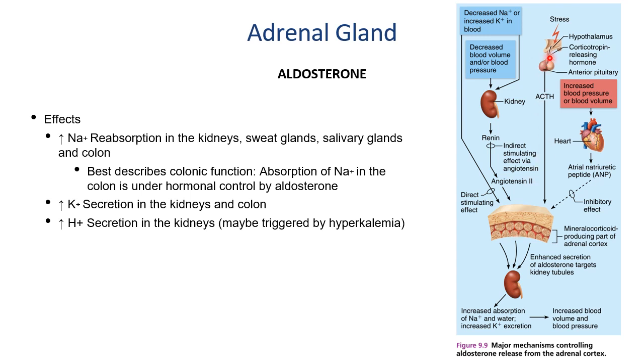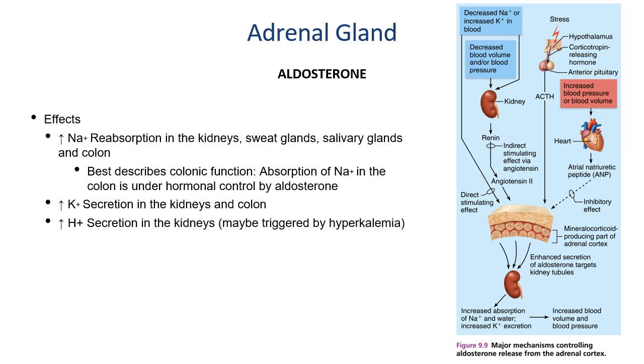Next, stress, by the action of adrenocorticotropic hormone, causes the release of aldosterone, but this is a minor stimulatory pathway. Next, an inhibitory effect on the release of aldosterone, which means it decreases the release of aldosterone, would be the hormone produced by the ventricles of the heart, atrial natriuretic peptide.